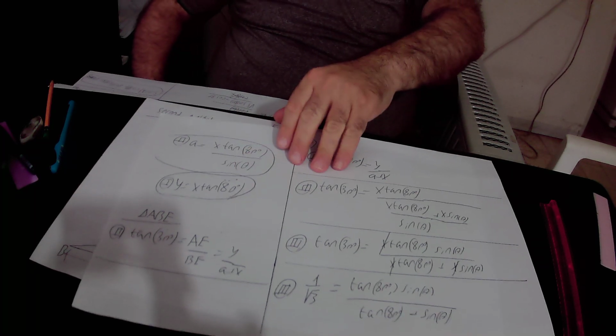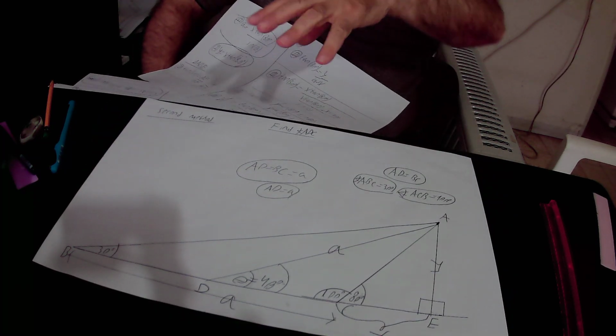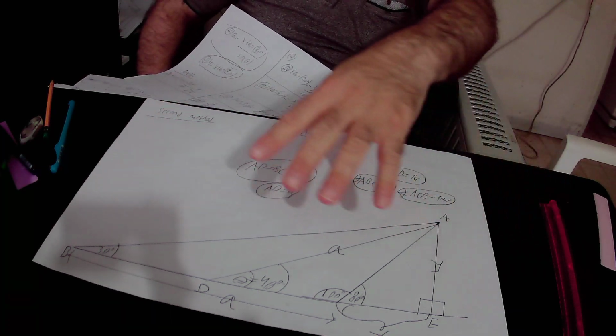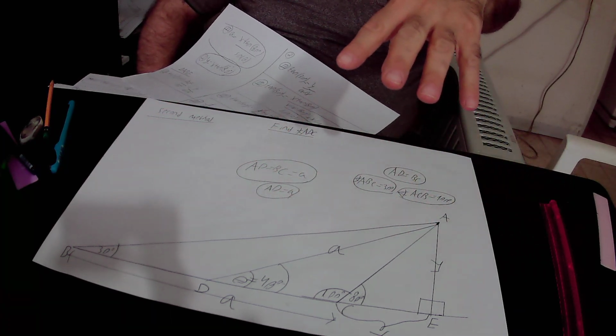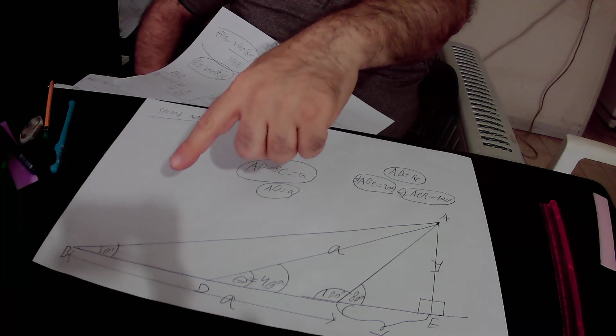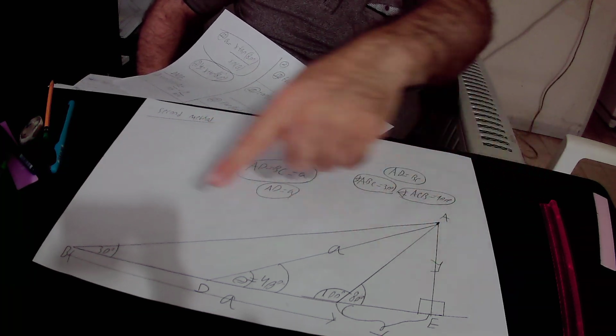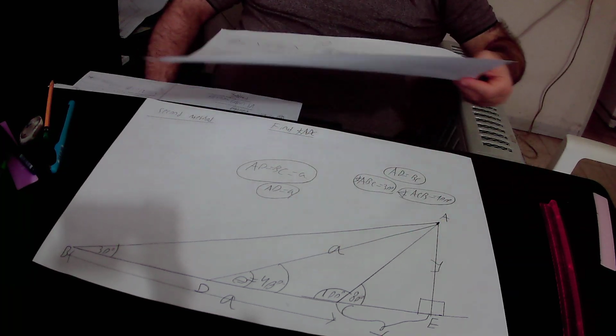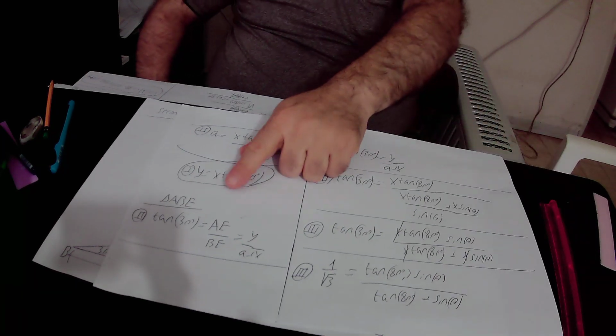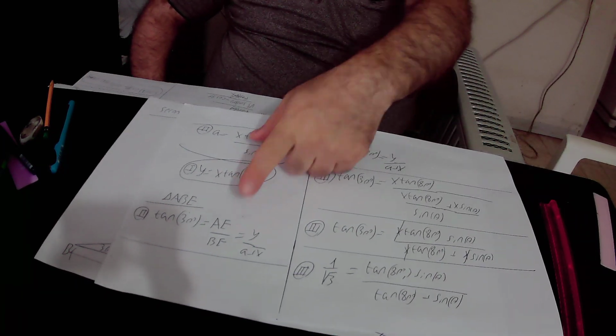Then we focused on the right triangle ABE, the big right triangle. In the right triangle ABE, tangent 30 degrees equals AE over BE.